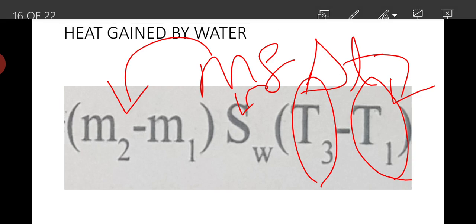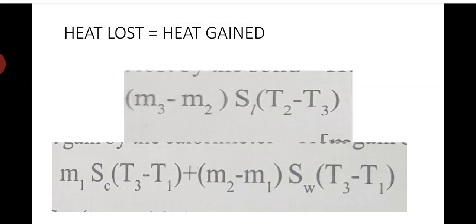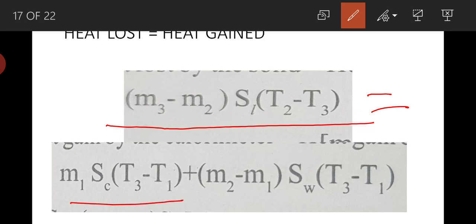Now according to the principle of method of mixtures, heat lost is equal to heat gained. Heat lost by lead shots is (m3 minus m2) into SL into (T2 minus T3), which is equal to heat gained by calorimeter plus heat gained by water.